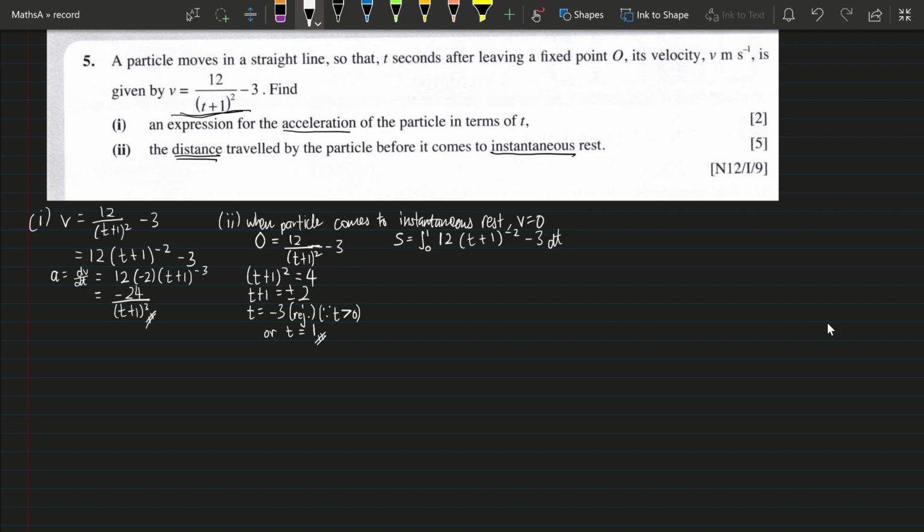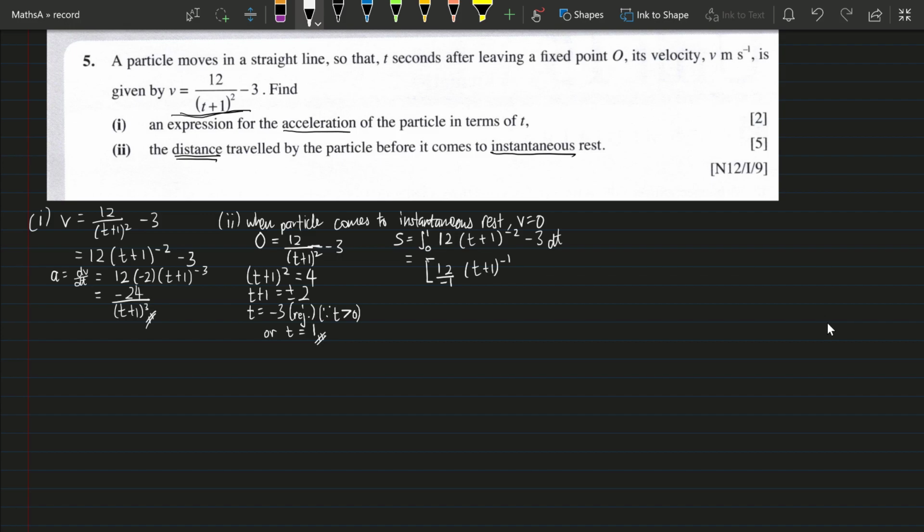Okay, so now, as usual, if you see this as t plus 1 to the power of negative 2, you simply need to remember that it's power plus 1 divided by new power. So power plus 1 will give us negative 1, and I need to divide it by the new power. For this sort of integration, we still need to divide by the coefficient of t here, because we're integrating with respect to t.